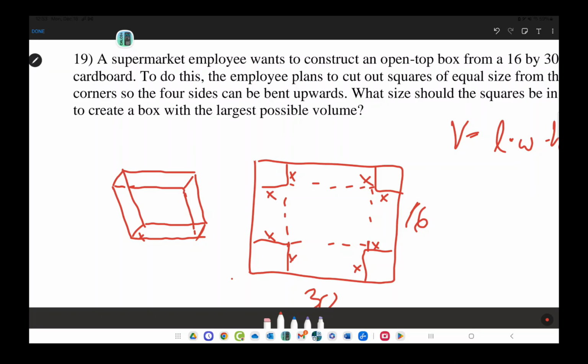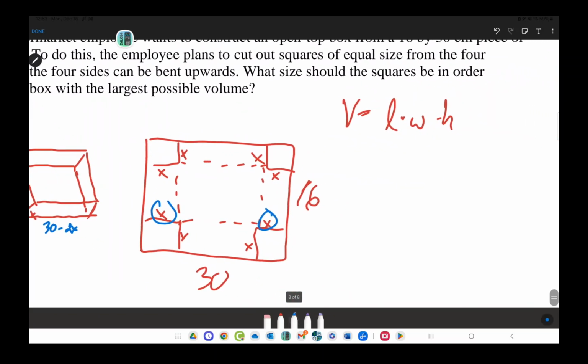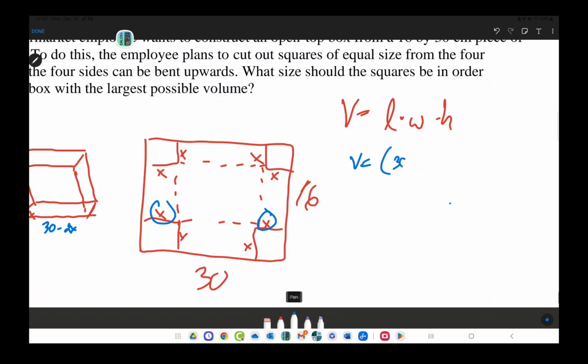And it's real fun to draw 3D shapes. Now your length is going to be 30 minus 2x because you took off x here and here. Your width is now 16 minus 2x. So volume is 30 minus 2x, 16 minus 2x times x. If you switch the 30 and 16, it doesn't make a difference.